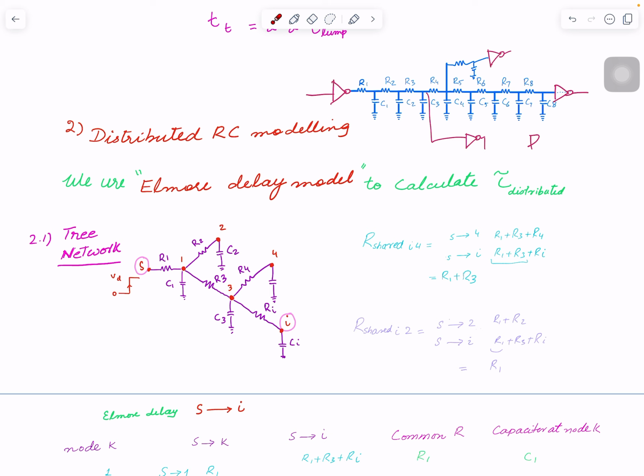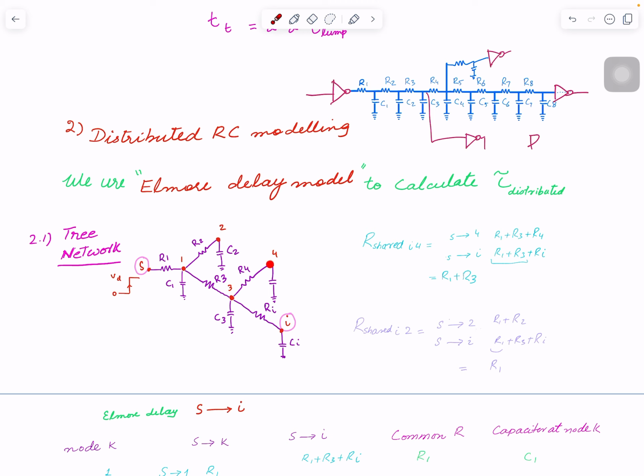And for that time constant, resistance and capacitance are the two things we need to find. How you find resistance, that is the example I'm showing here, two examples. If you are finding delay between this and 4, then don't forget about the source, where the input is applied.